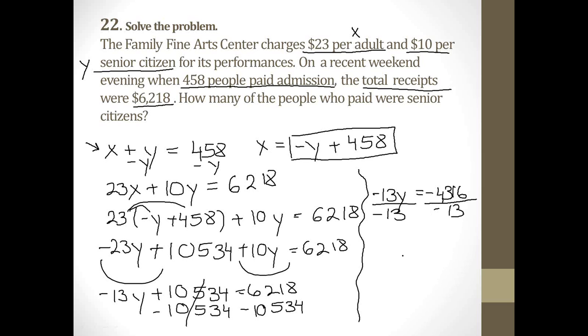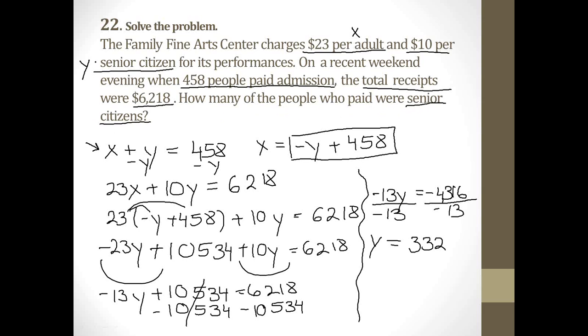And thank God they invented calculators. So this should be a positive 332. If you notice, the question was how many of the people who paid for were senior citizens.